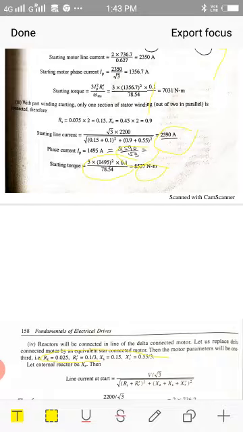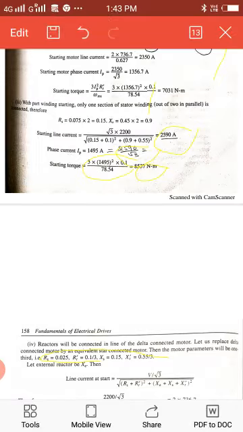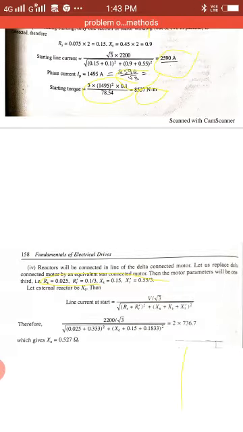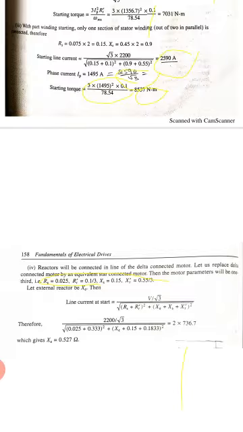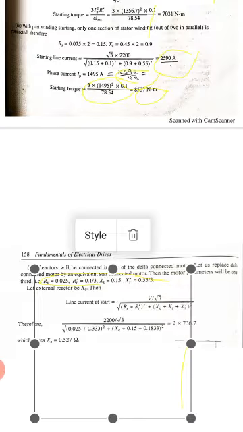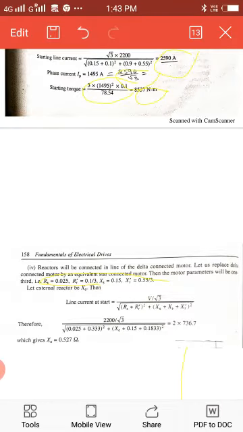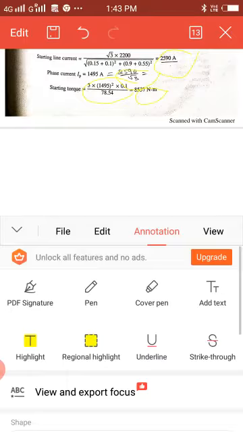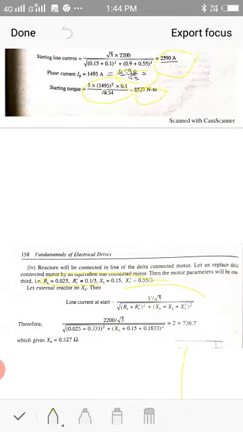Okay, so now let the external reactance be connected, XC. You can refer to the saturable reactor method of starting an induction motor. The diagram is given, so you can understand this problem from that diagram. Now we have the line current at starting, which will be equal to V divided by root 3 times the square root of (RS plus RR dash) whole square plus XC.